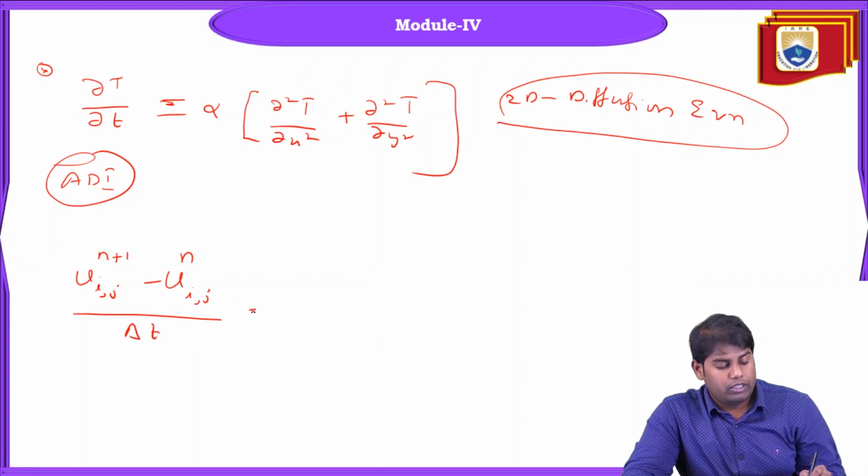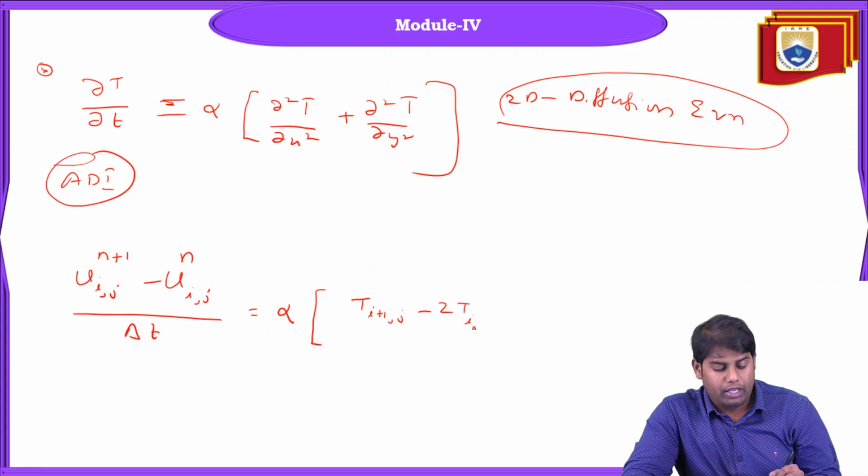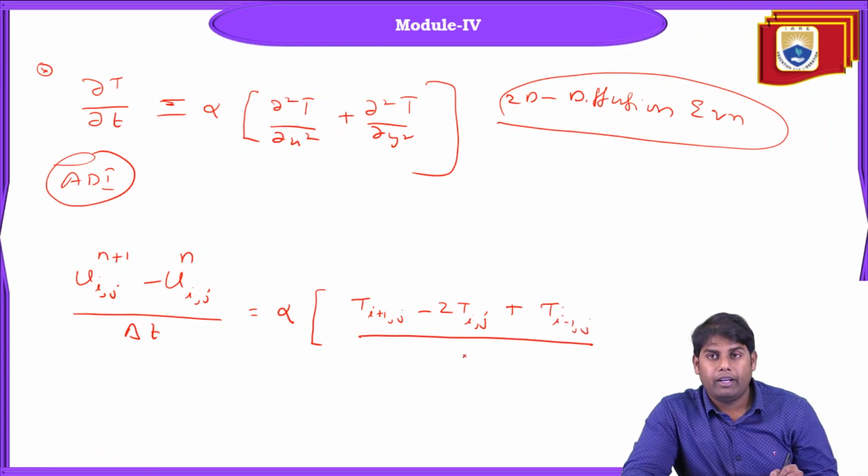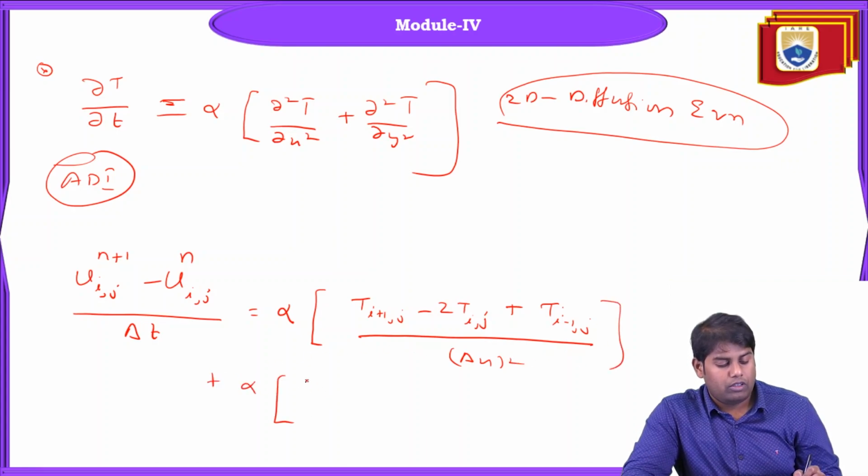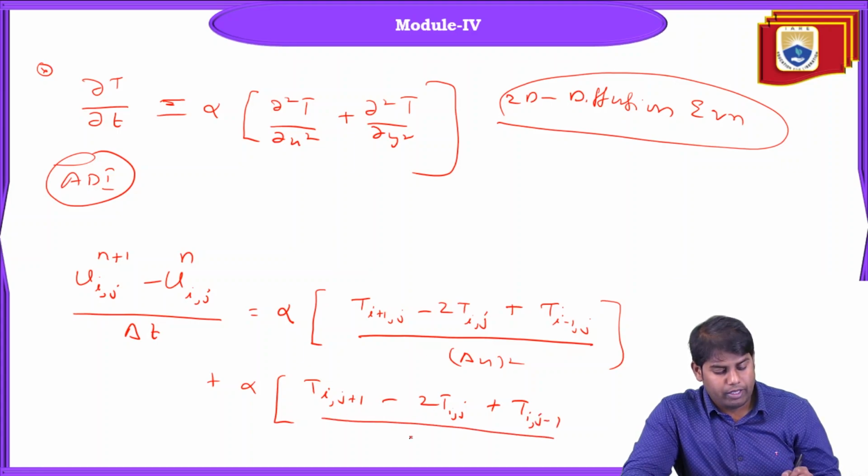Which is equal to alpha into T of i plus 1 comma j minus 2T of i comma j plus T of i minus 1 comma j, divided by delta x square, plus alpha into T of i comma j plus 1 minus 2T of i comma j plus T of i comma j minus 1, divided by delta y square.